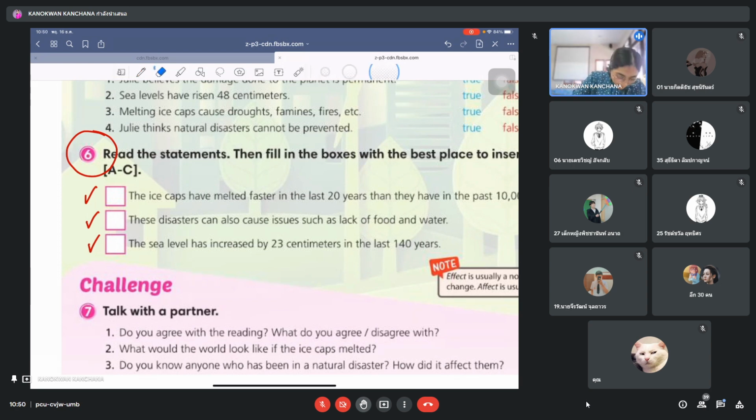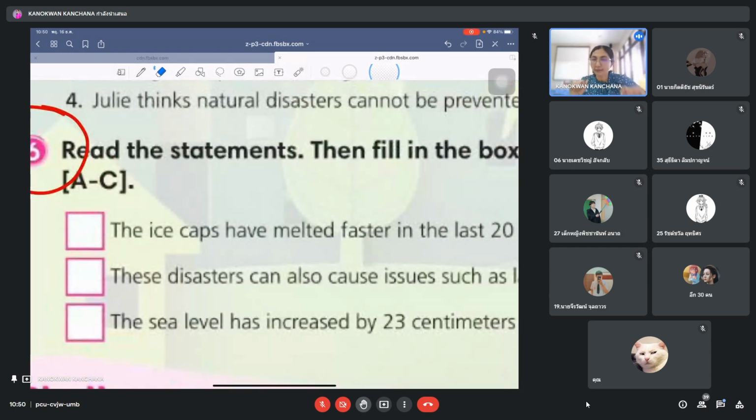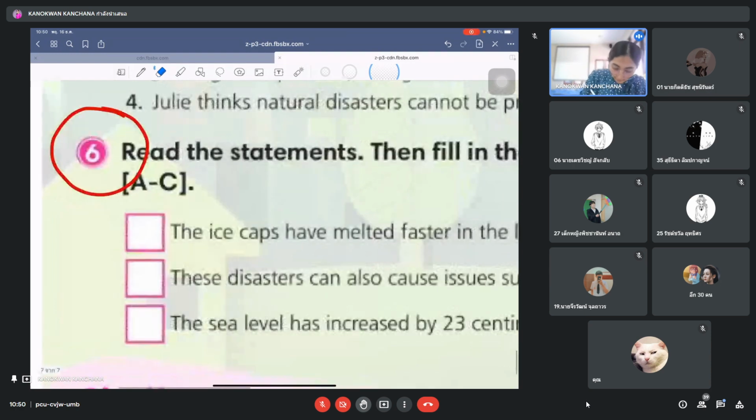So take a look at this. Before we go back to that, I have a very, very easy tip, everyone. It will make your life easier, and it will help you in every single exercise that you take in the future. The first thing, please, everyone: underline or highlight the words the ice caps.